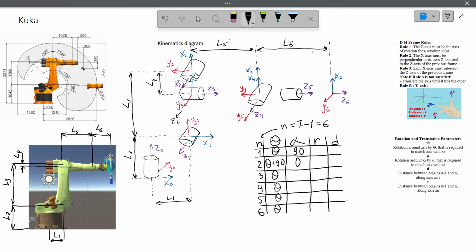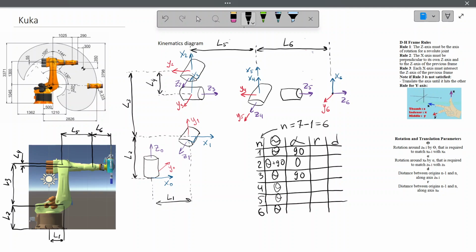Take a look from X3. So we take a look from here to match these two. Rotate counterclockwise, so it will be 90 degrees here to match these two. Here again 90.